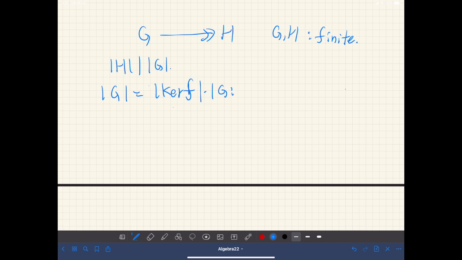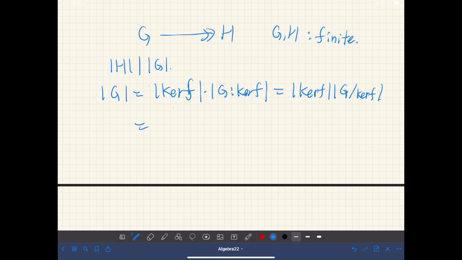But this index of the kernel is equal to, as we have seen before, the order of the quotient group by the kernel.